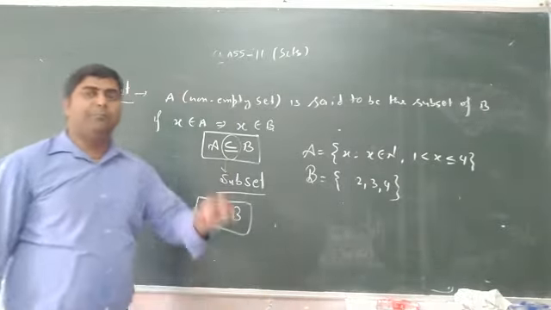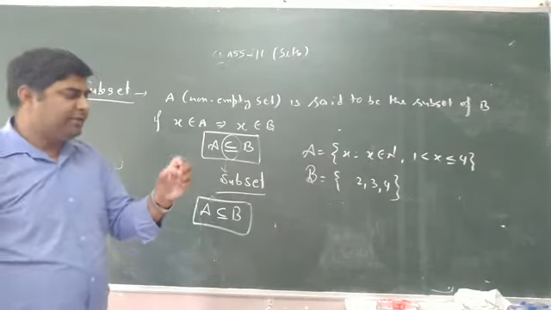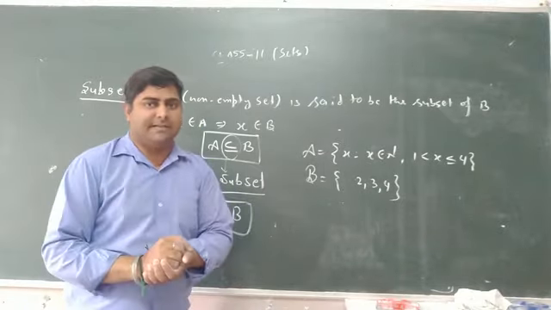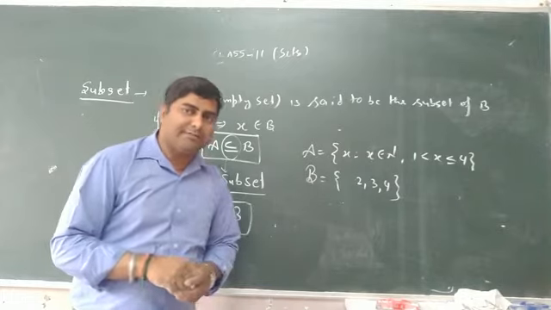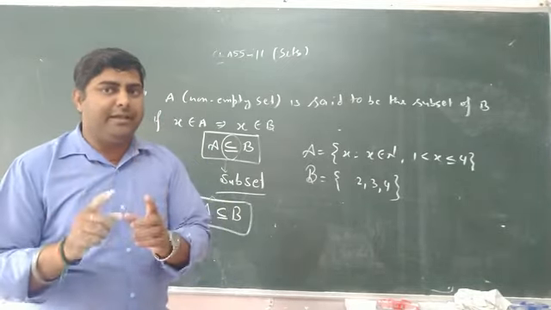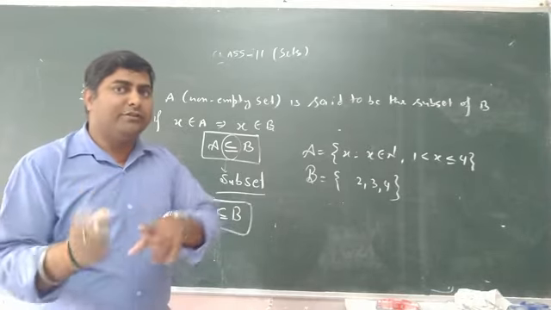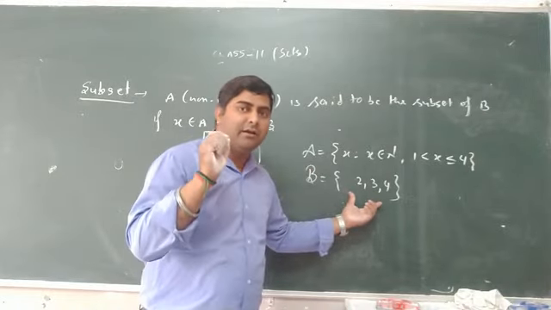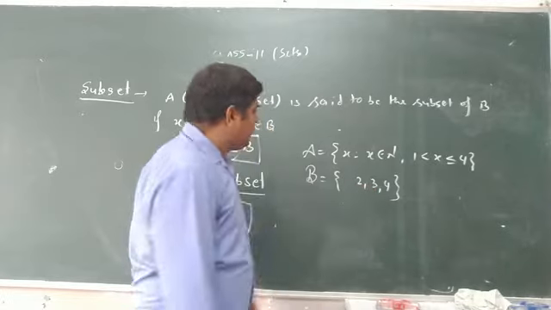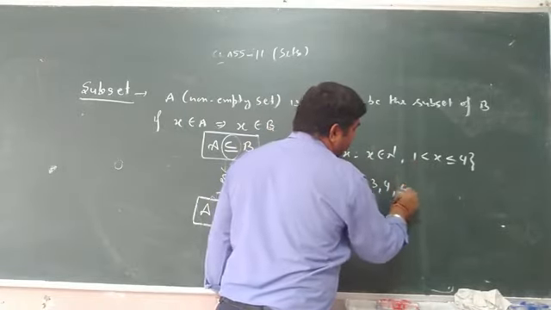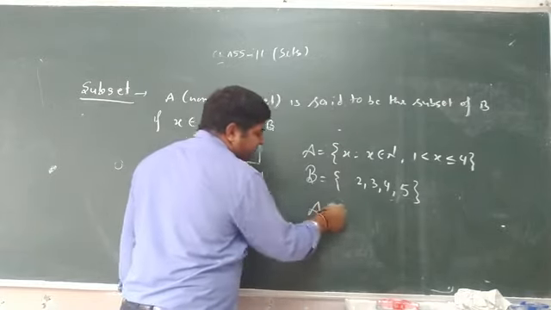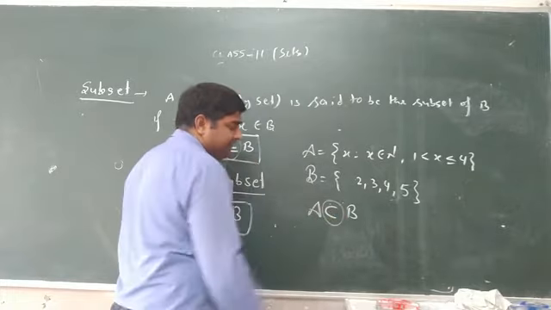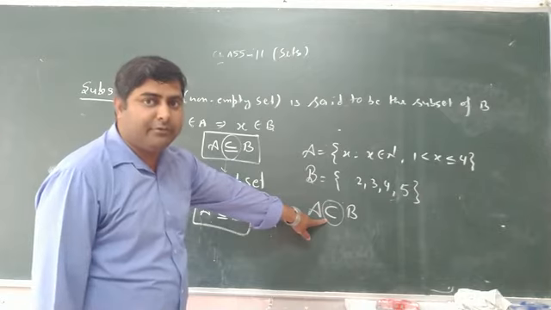Now another word, proper subset. Keep in mind there is a very small difference between subset and proper subset. When we use the word proper subset, in that case set B has at least one element which is not present in A. It means B must have a greater cardinal number. So if we say B is {2, 3, 4, 5}, then we say A is a proper subset of B. This symbol here, keep in mind we are not using equal.